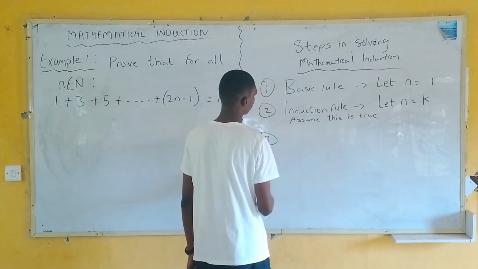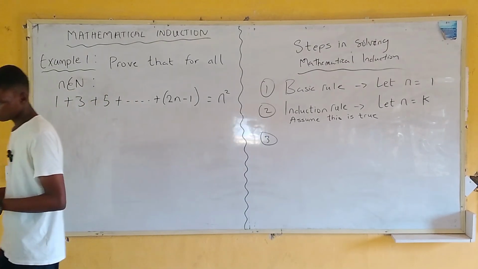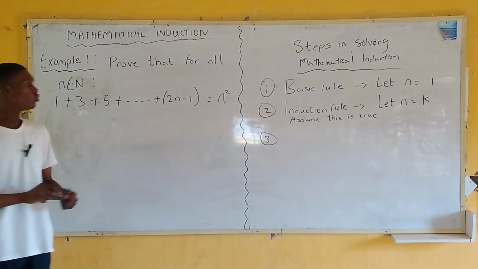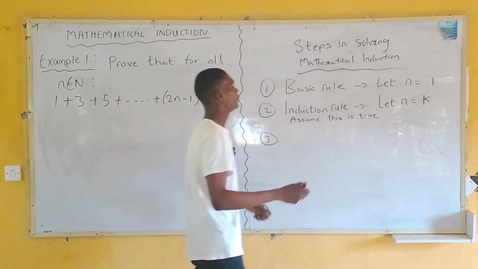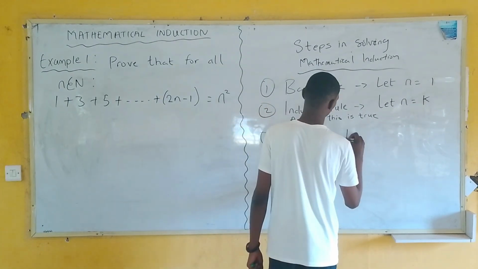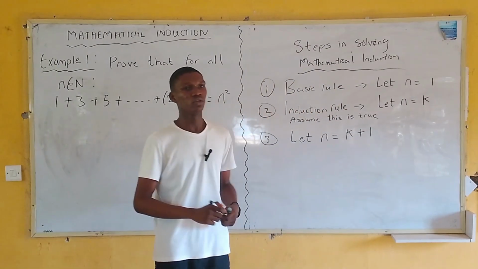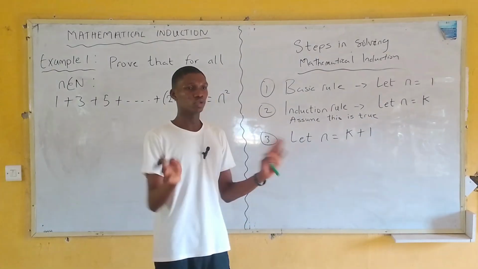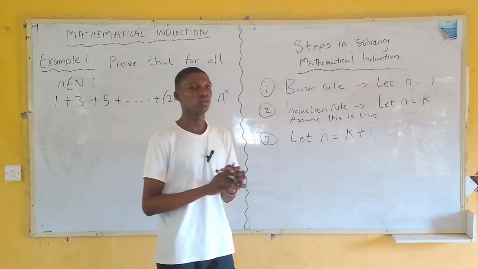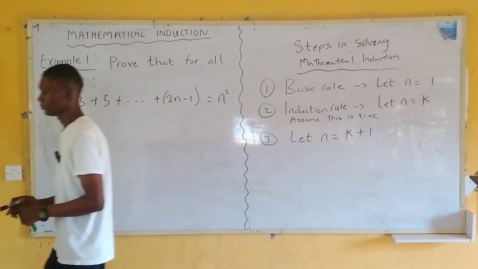The third one is let n be equal to k plus 1. So these are the three basic things we want to do for any question given on mathematical induction. So you can put this down.